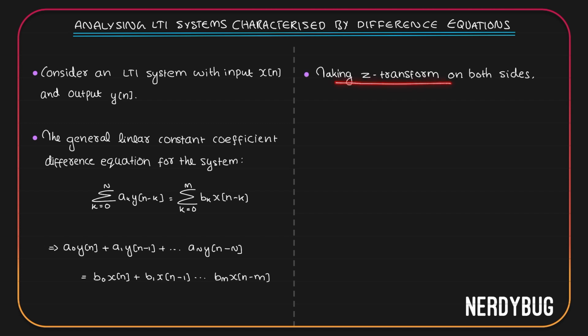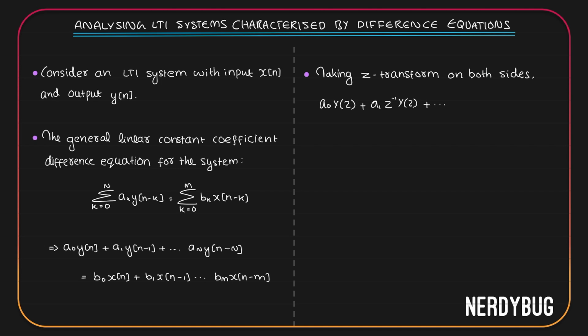Now let's take the Z transform on both sides of the equation. A0 is a constant, so Z transform of A0 y of n is going to be A0 y of z. A1 is a constant, y of n minus 1 is a time shifted version of y of n. Shifting factor is 1, so its Z transform is going to be A1 multiplied by Z inverse y of z.